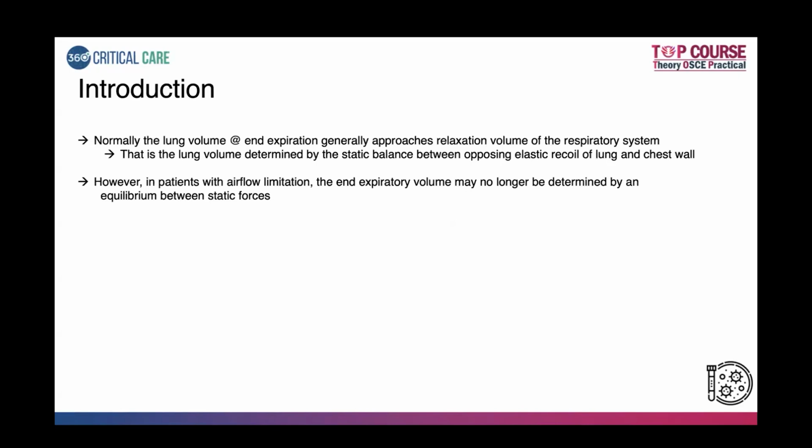That is, the pleural pressures play an important role in maintaining the lung patency from getting collapsed. But in patients with an airflow limitation, that is, in patients with an acute exacerbation of a COPD or an asthma, the end expiratory volume may no longer be determined by an equilibrium between the static forces, that is, the elastic recoil forces between the lung and the chest wall.